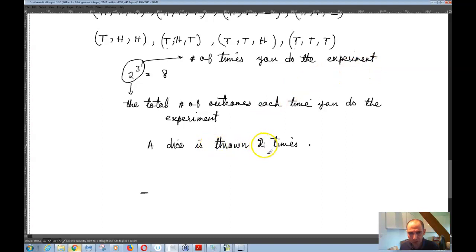So since the dice is thrown 2 times, this would be 6 raised to the power 2, which is equal to 6 times 6, which is equal to 36. So that means that for this experiment, I should get 36 elements, which is right, okay?